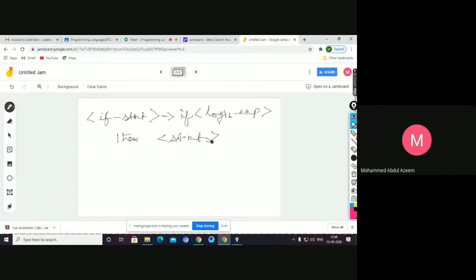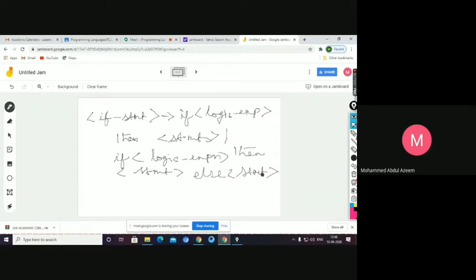Or I should say, this vertical bar is to be read as or here. I'm now giving another definition for the same: if logical expression then statement else another statement.